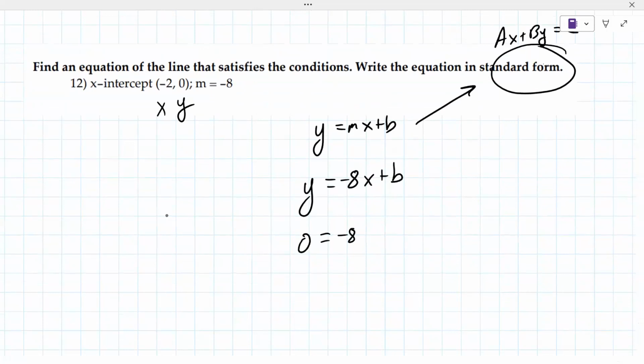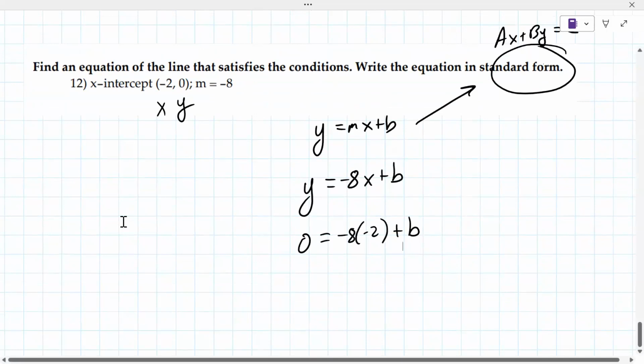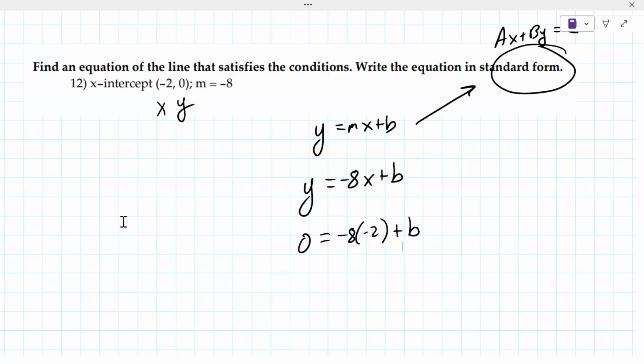0 equals -8 times -2 plus b. What are we going to do to solve this for b? Will we multiply -8 and -2? Yep, I agree. Go ahead and do that. So it would be 16 plus b. Then what's left to do to solve for b?